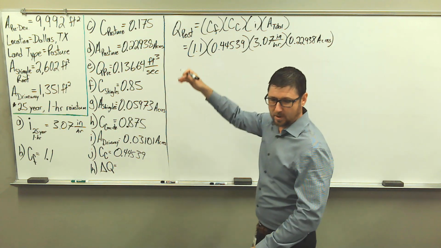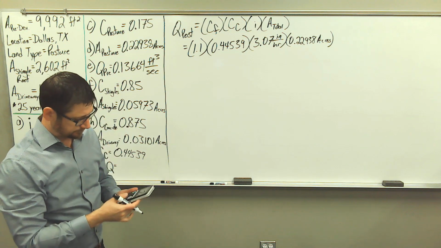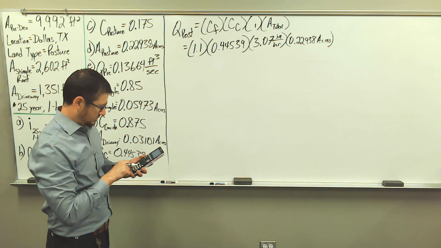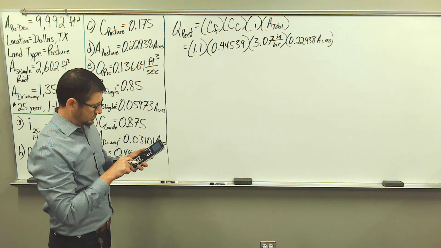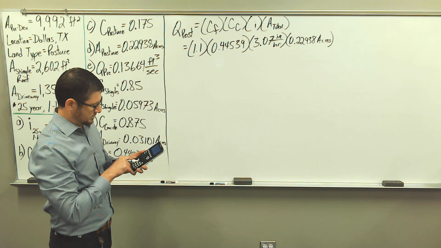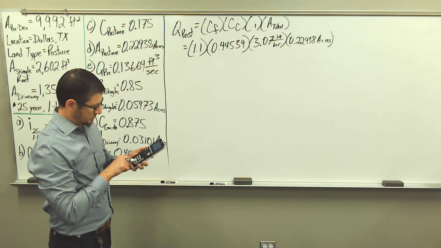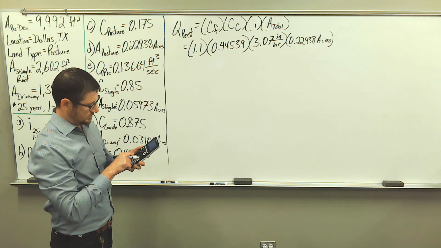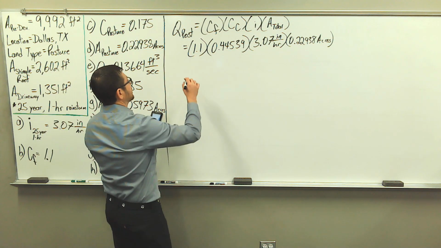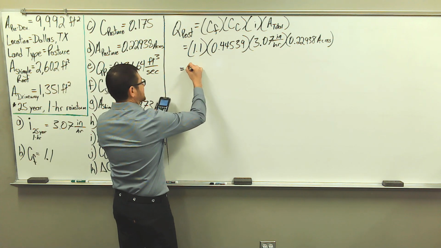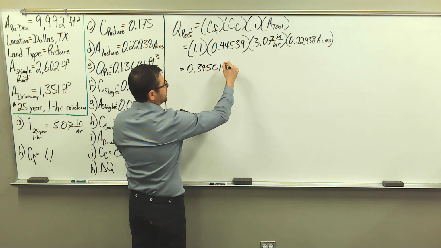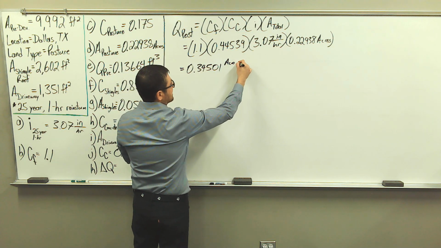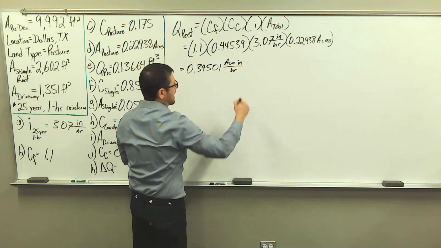So we're going to take the product of these values here. And we are going to get 0.34501, and we're in units of acre times inches per hour.